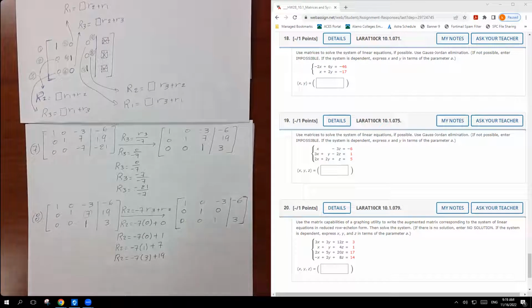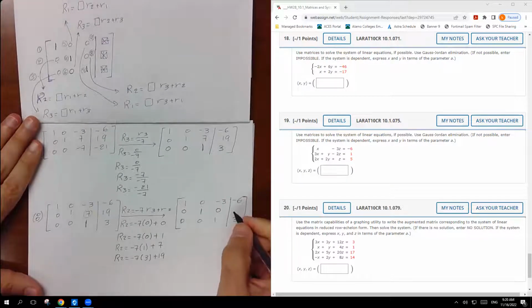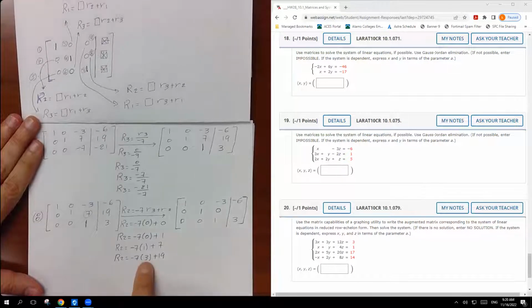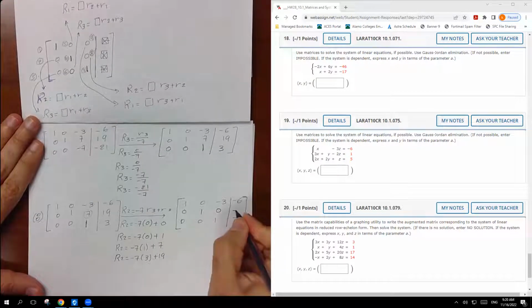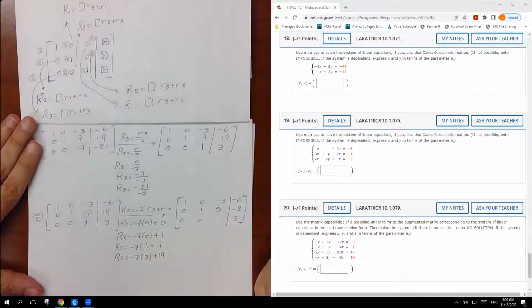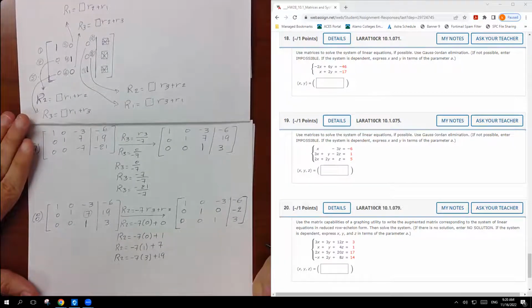So -7 times 3 is -21, plus 19 is going to be -2. So we got step 8.